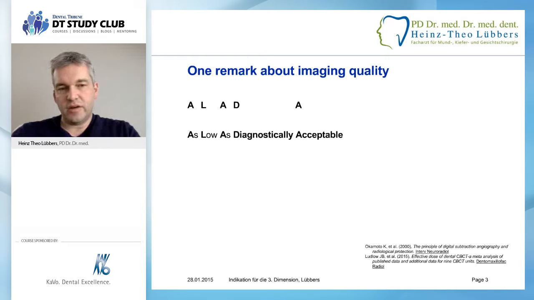So basically the idea is to reduce the image quality in order to reduce the radiation dose applied to the patient down to a level that is still diagnostically acceptable, but the result might be an image that is not very nice to look at. You can see everything on the image, and you might think, well, this could have been a better image, but it's an image like it is because we reduce the radiation dose as much as acceptable.